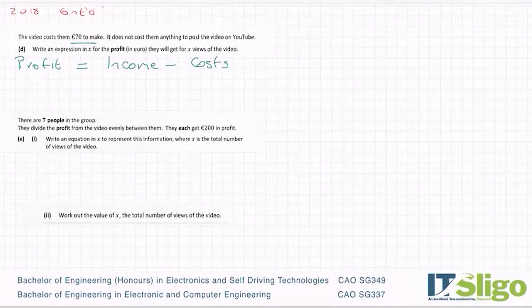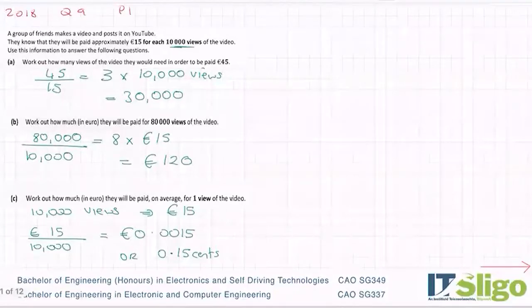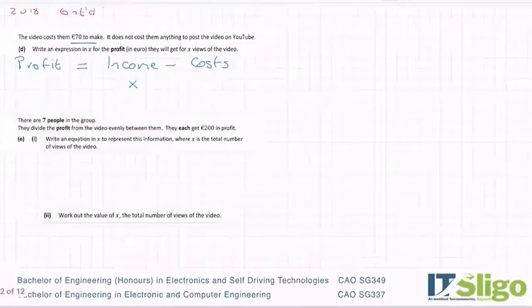Of course, and costs could be called outgoings. Okay, so write an expression in X for the profit they will get for X views of the videos. Okay, well, your income, well, for every view, they are going to get paid €0.0015.